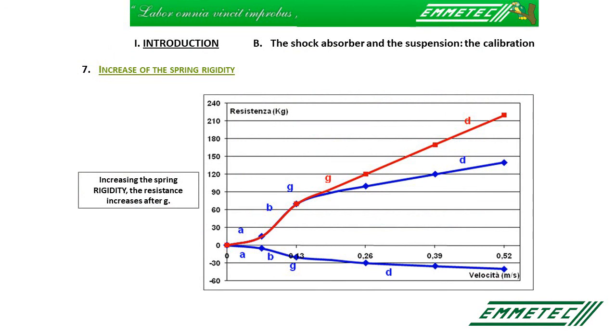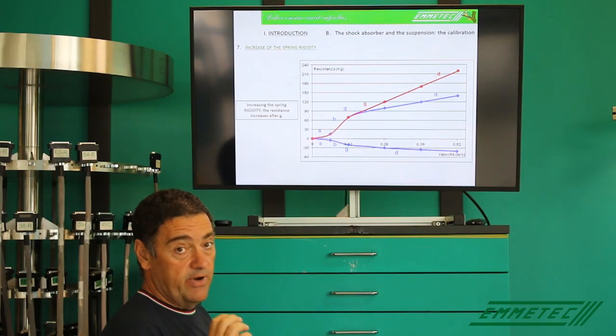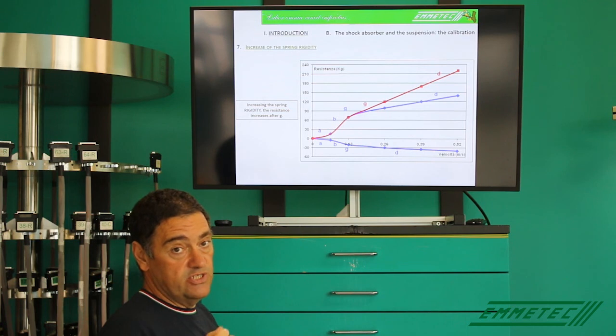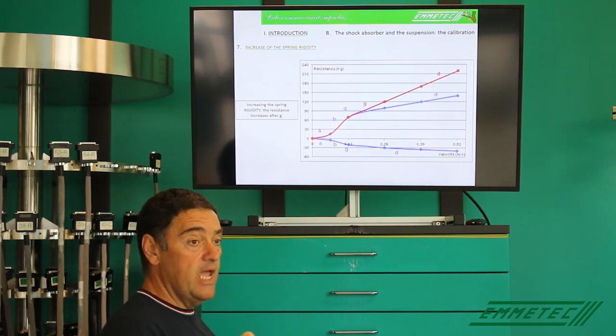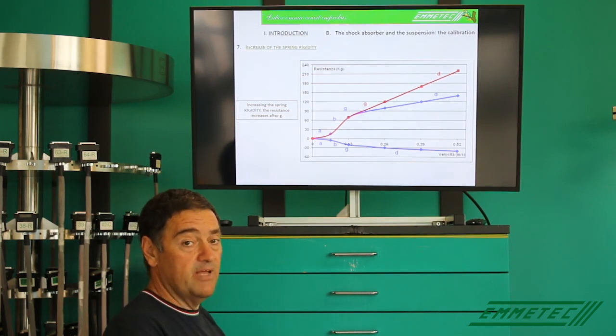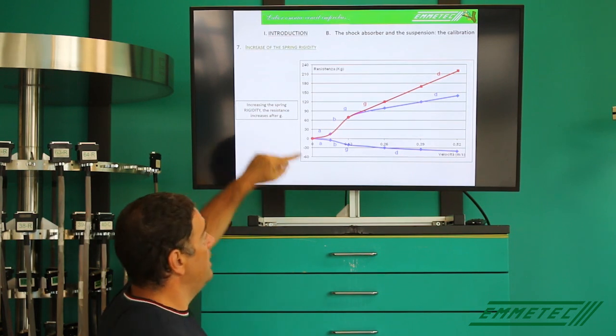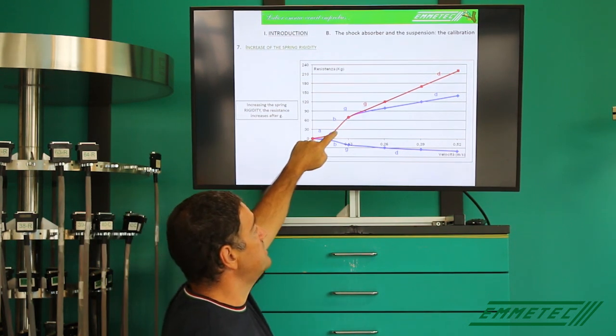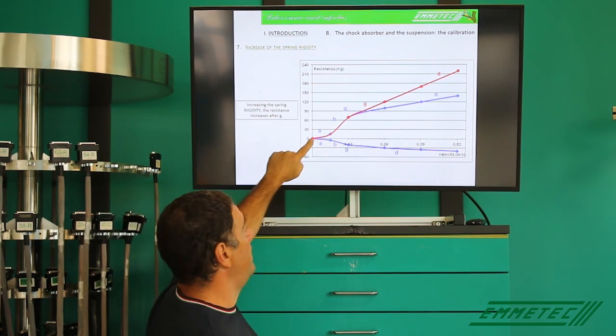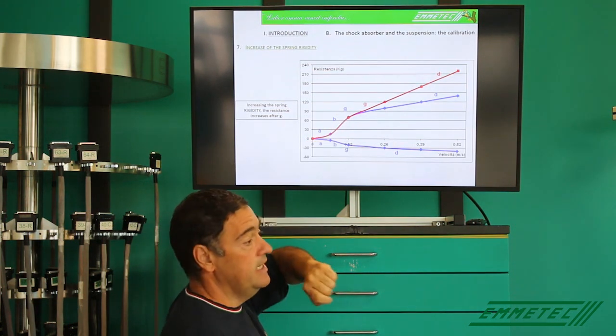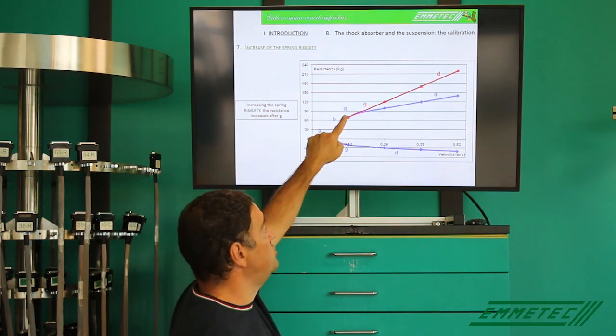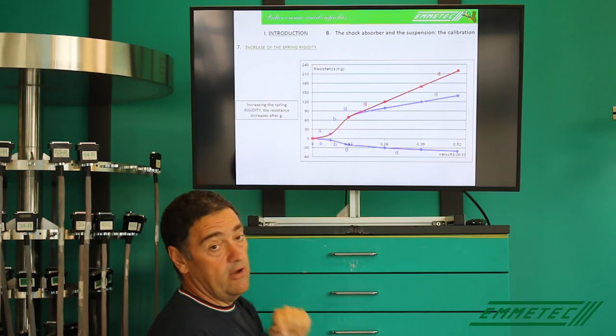Another situation could be if we keep the original preload, but we change the spring and we put a harder spring, but with the same preload. Because the same bypass, nothing changed from 0 to G. Since the same preload, G is not moving up or down.